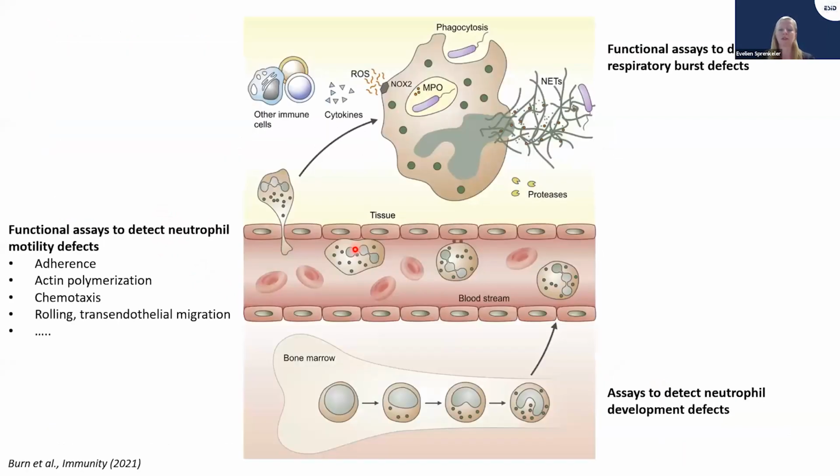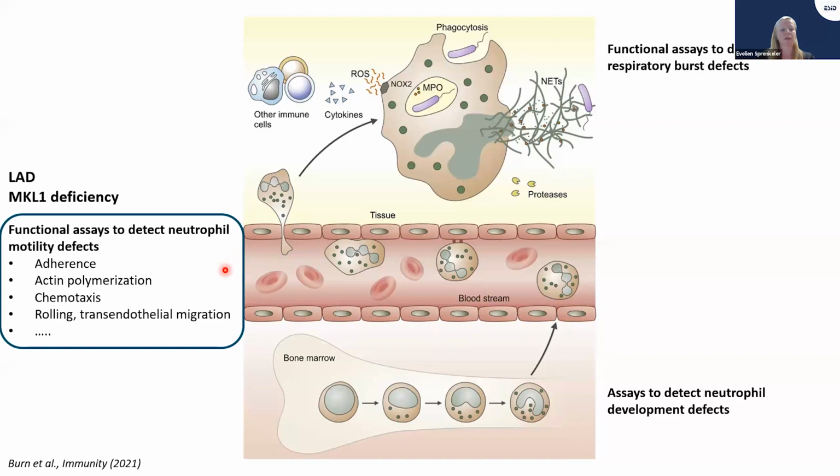So today I would like to tell you something about functional assays that exist to investigate neutrophil function. And I will start off with functional assays to detect neutrophil motility defects. And I will show a combination of flow cytometry assays as well as microscopy.